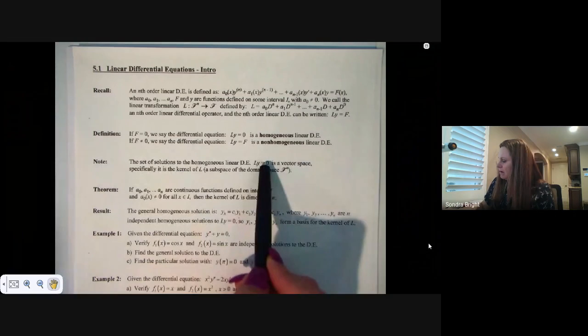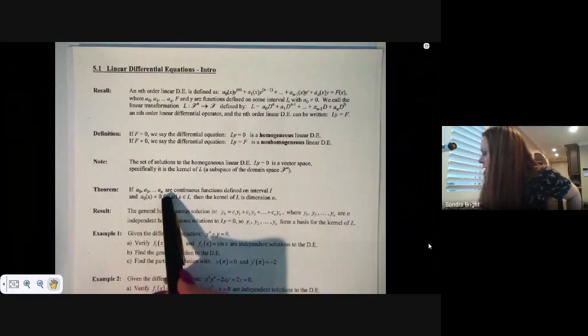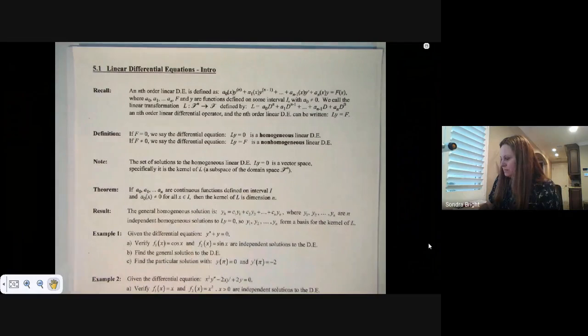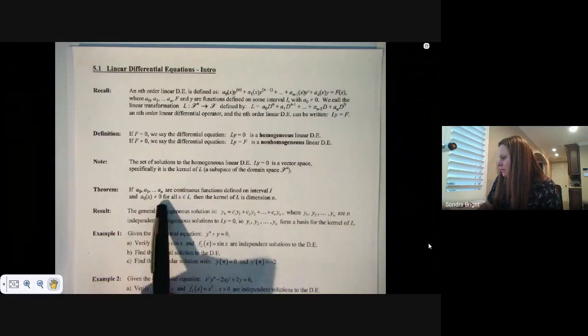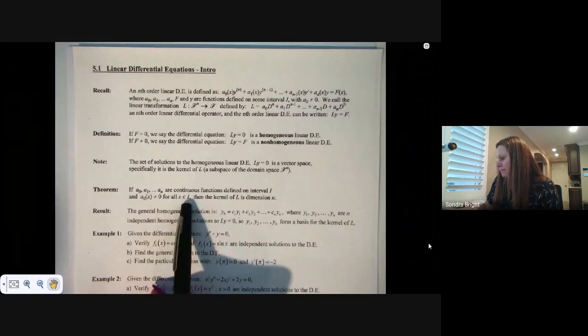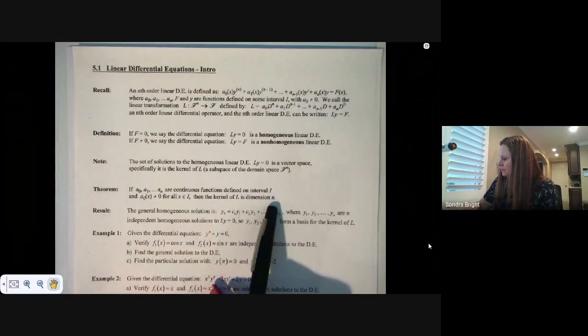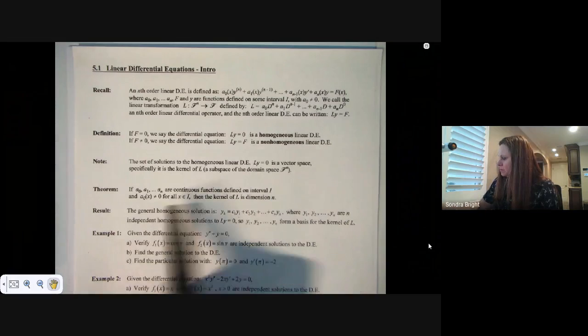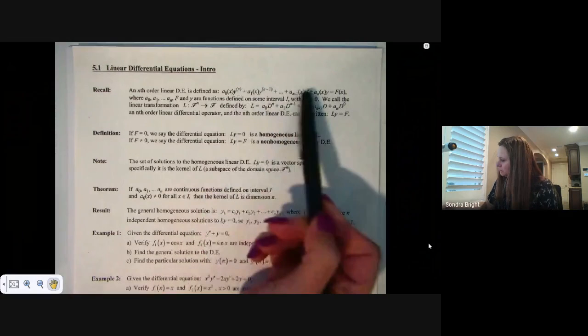If a naught, a1 through an are continuous functions defined on interval I, and of course the first one can't equal 0 for all x in this interval, then the kernel of L has dimension n, right? So n corresponds to the powers on L also.